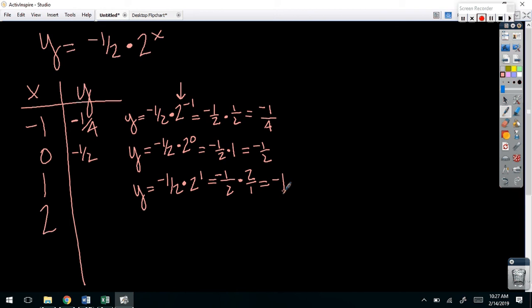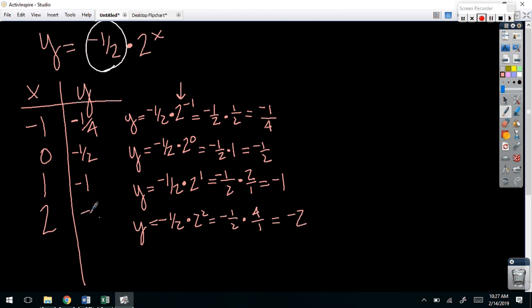This one, remember I told you it could be above the axis or below? This one's going to be below. This number in front, if it's negative, it's below. If it's positive, it's above. That's right, -2.